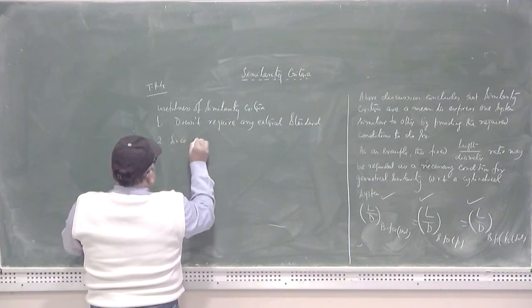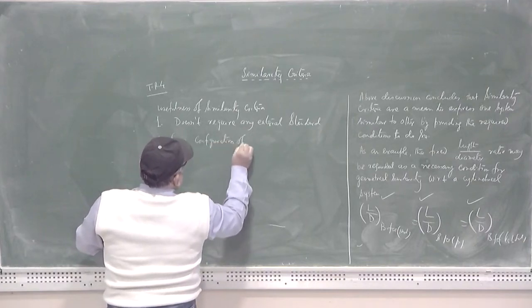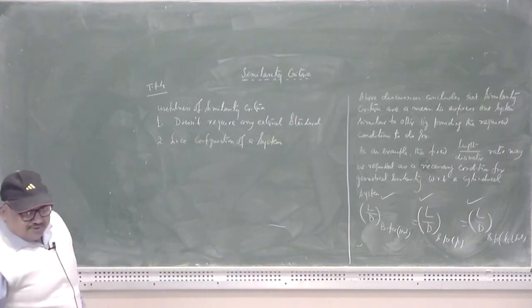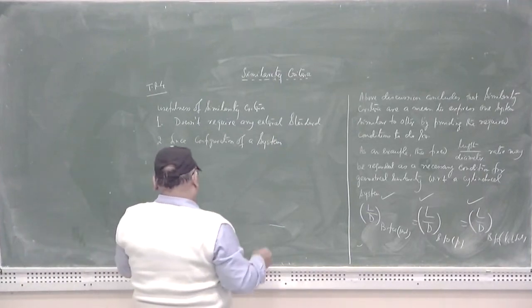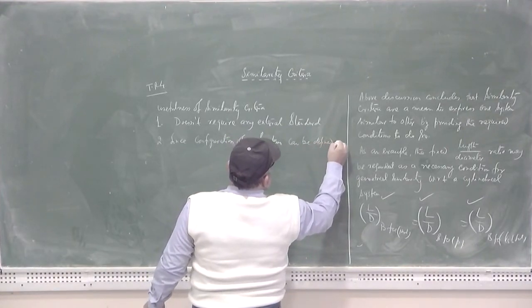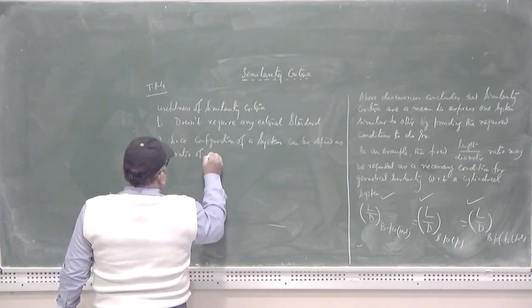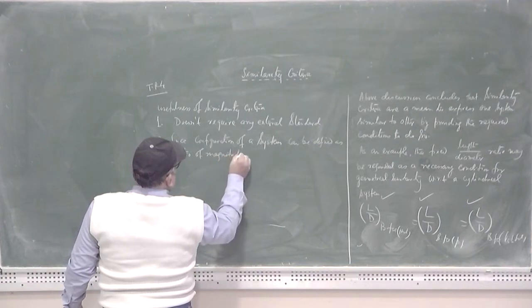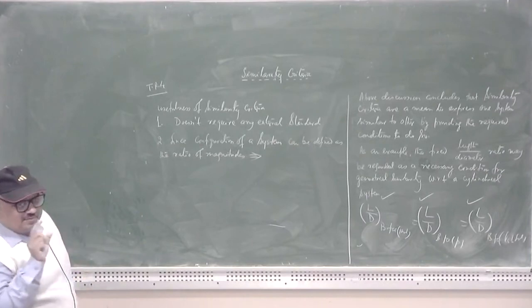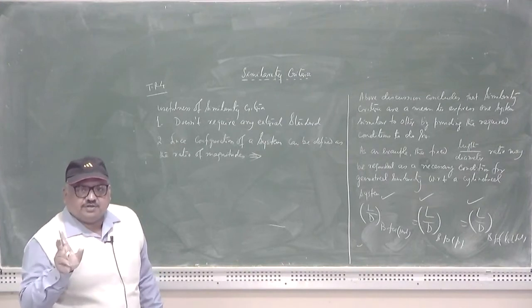Number 2, since the configuration of a system can be defined as the ratio of magnitudes, it is free of any measuring unit.